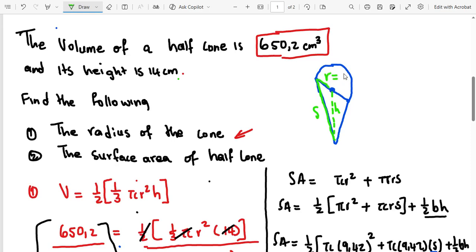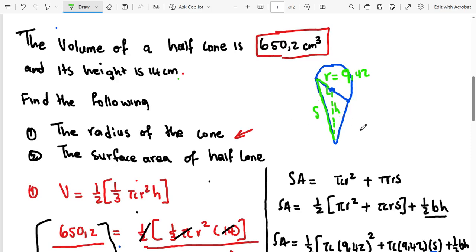We just calculated r to be 9.42. So now when you look at this, we can definitely use the theorem of Pythagoras to find s, because we know the height is 14. I'm just going to rewrite everything down.